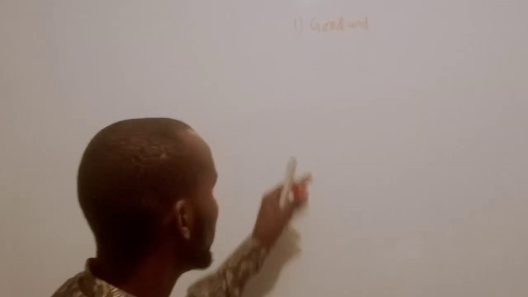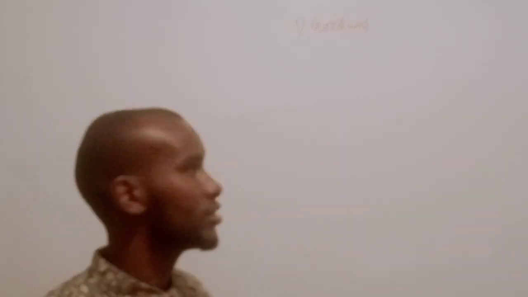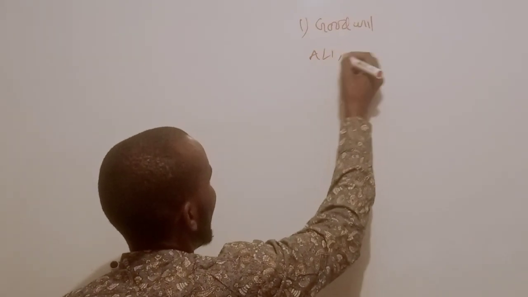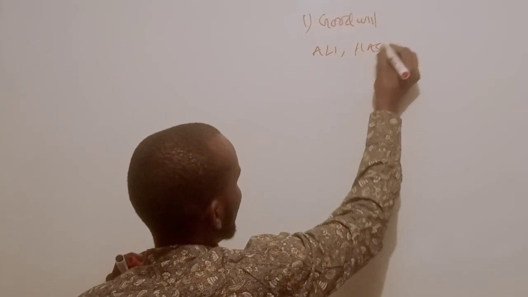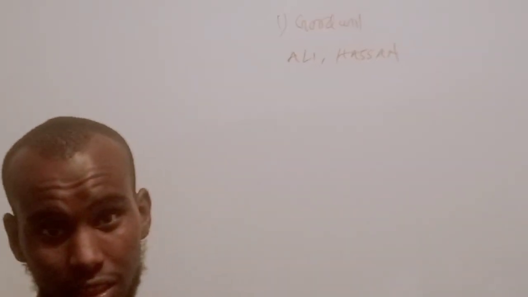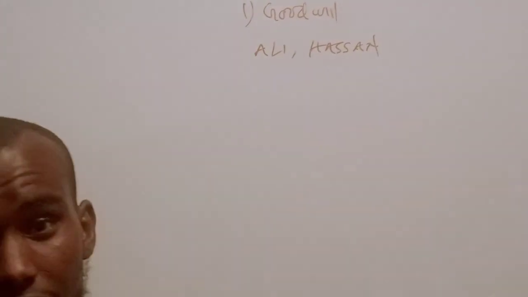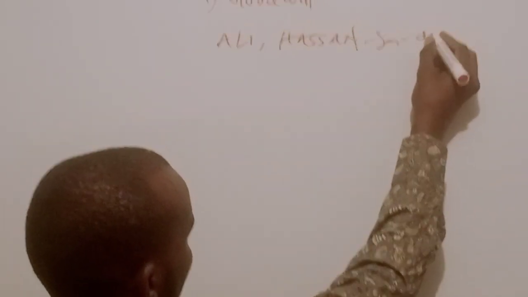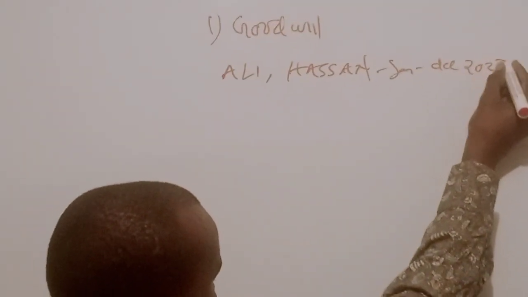So whenever we have a new partner, let's say we have 2 partners, Ali and Hassan. And let's say our account is from January to December 2022.